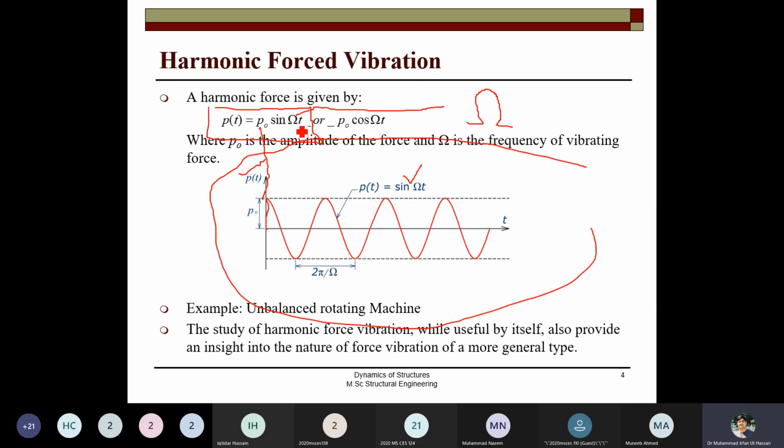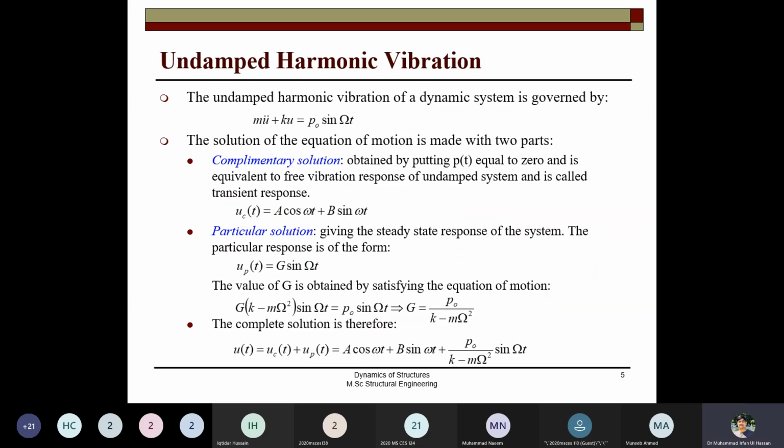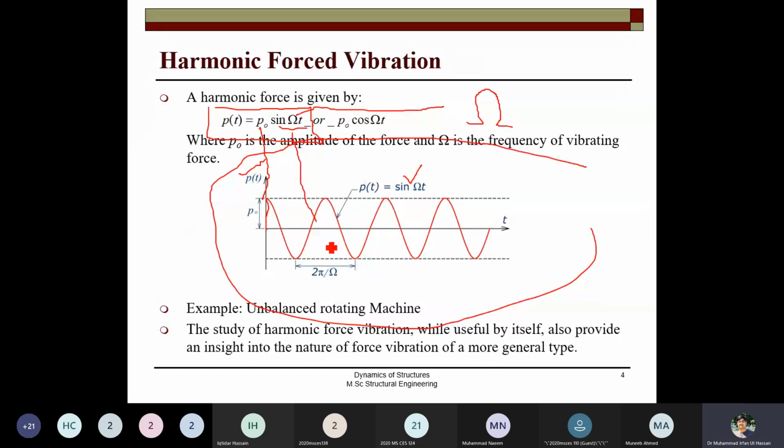P naught is the amplitude, sin omega t is its behavior function. Now I will show you some relationships for how the forced vibration behaves when the system is undamped, and how it behaves when the system is damped.